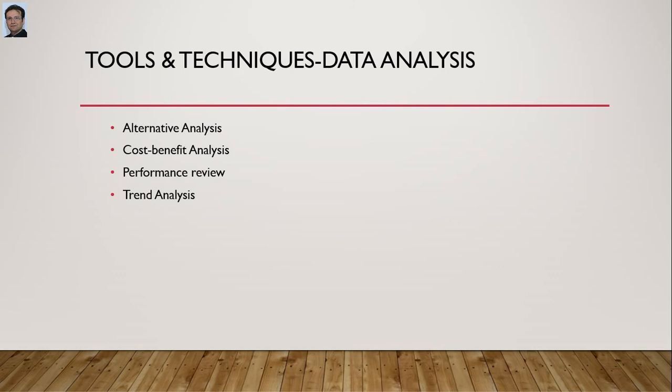Plus, there's cost benefit analysis that looks at options for corrective actions. Performance review takes a look at planned versus actual usage of resources. And the last is trend analysis. This technique looks at how resources are performing over time to see if there's need for changes or additions.